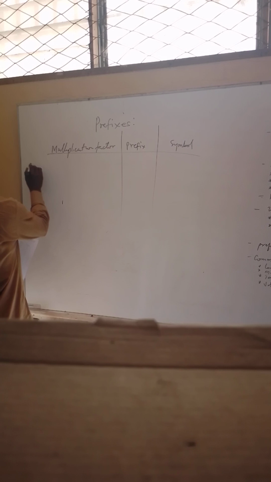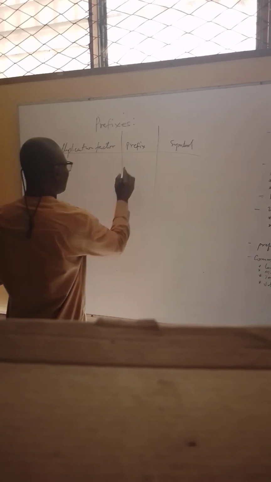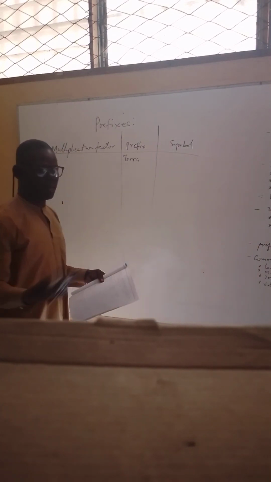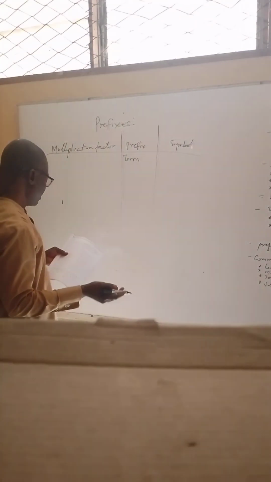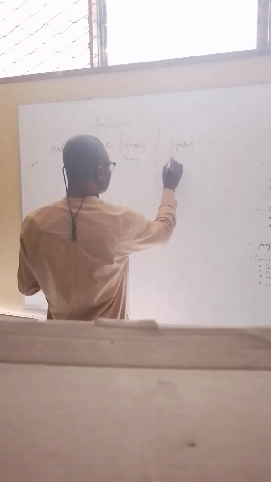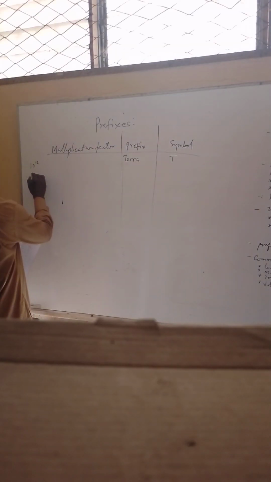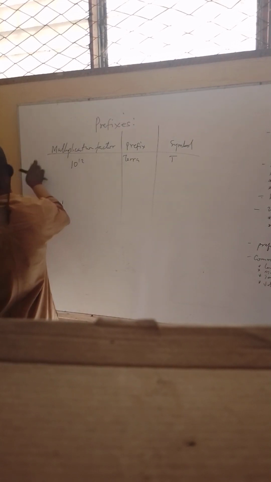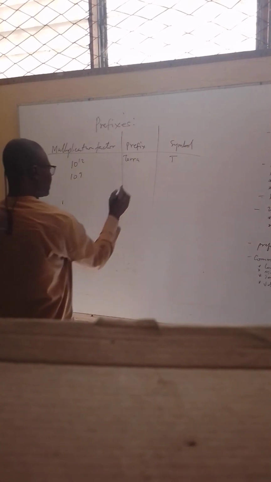One is 10 to power 12 as the multiplication factor, and this is tera. You hear of terabytes. So it's 10 to power 12, and the symbol is capital T. We have 10 to power 9, which is giga.